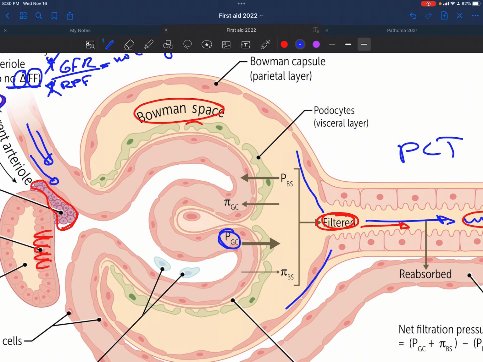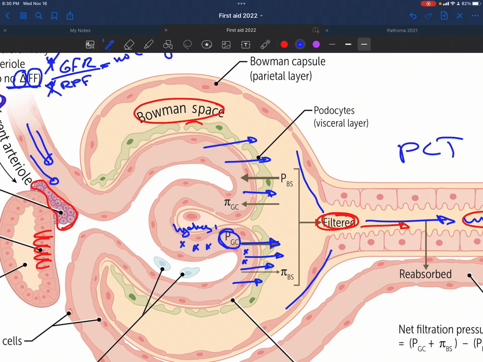The hydrostatic pressure of the glomerulus, meaning the blood vessel called the glomerulus, is the pressure that is pushing the solutes or filtrates, whatever material this blood has, into the Bowman capsule. So it's pushing to the outside of the glomerulus. This is what's called hydrostatic pressure.